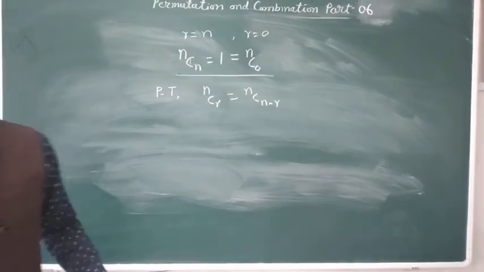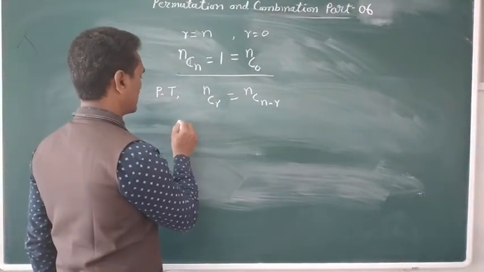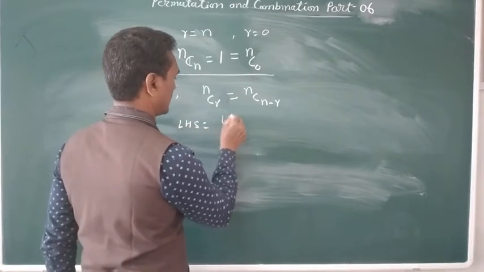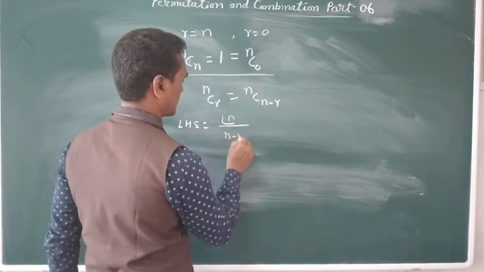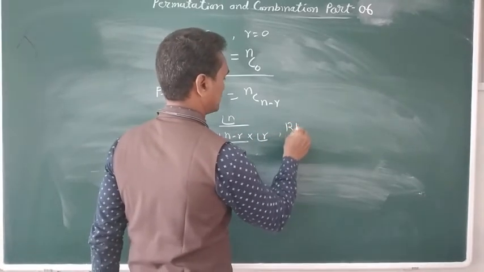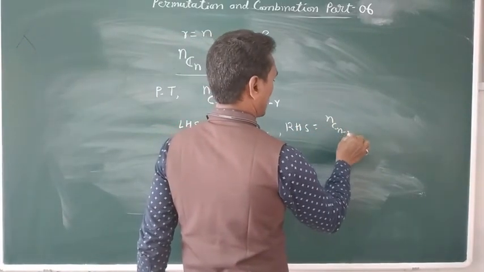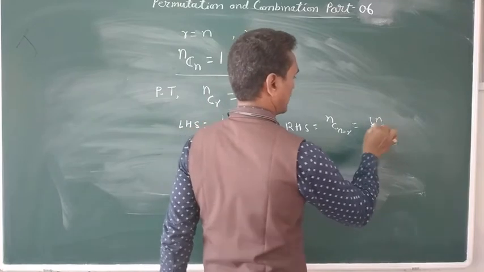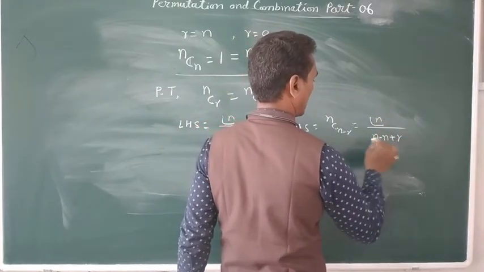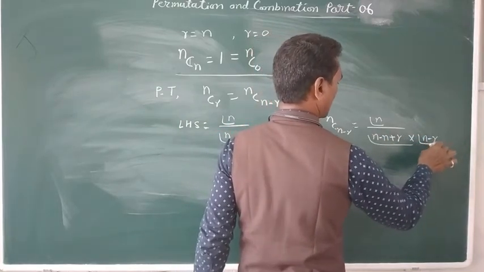Simply you write its value, you will get both equal. So the left hand side, you know, is factorial n divided by factorial n minus r into factorial r. Now the right hand side, nC(n minus r), is equal to factorial n divided by factorial n minus n plus r into factorial n minus r.